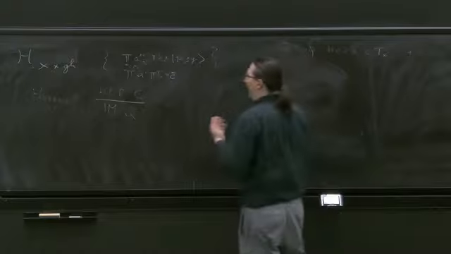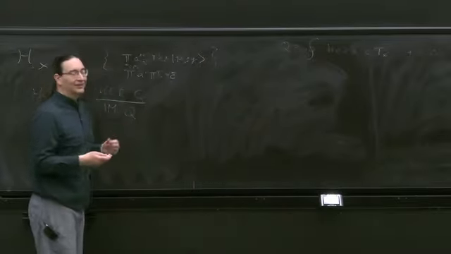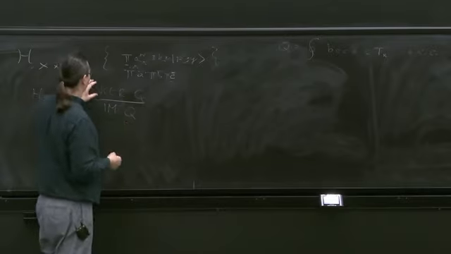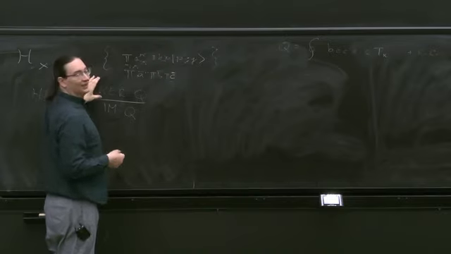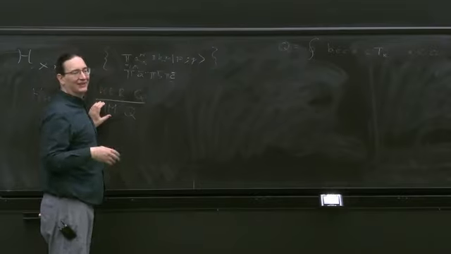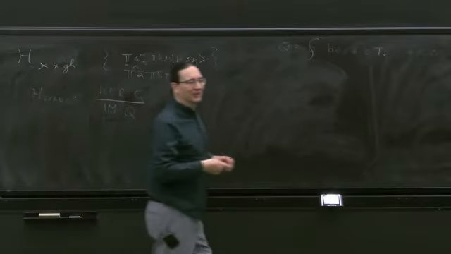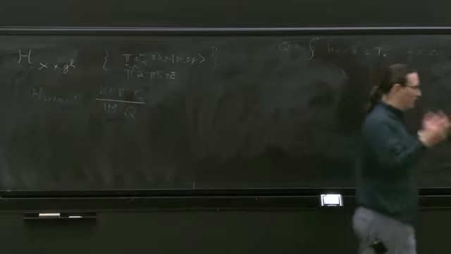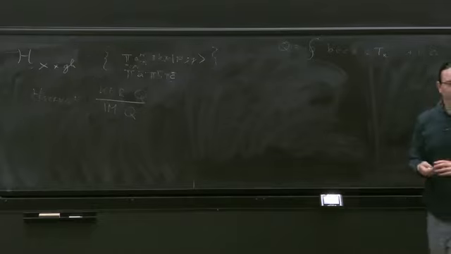This is the proper way of doing the thing we did by hand, of saying, okay, I look at states which are killed by half the constraints, but throw away the ones that are orthogonal to the physical ones. So we remember in some lecture we were doing something like physical states divided by null states. This is the proper way to do it.